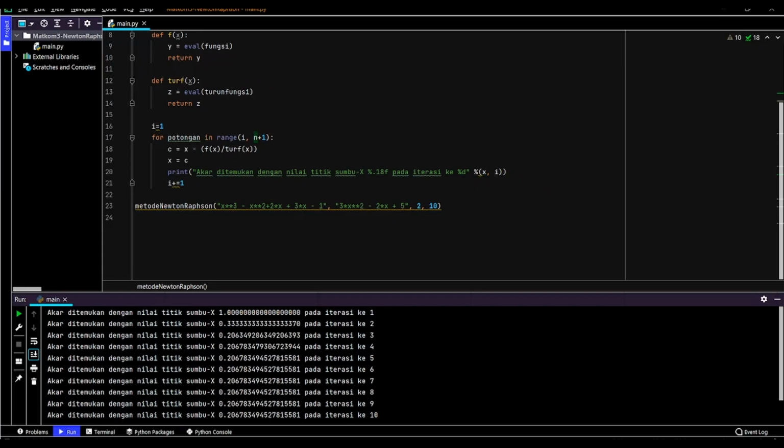The next is 2, which is the initial value of x. Then the 2 will be input to the first function and the second function, and the last parameter is 10, which is the number of loops we want.